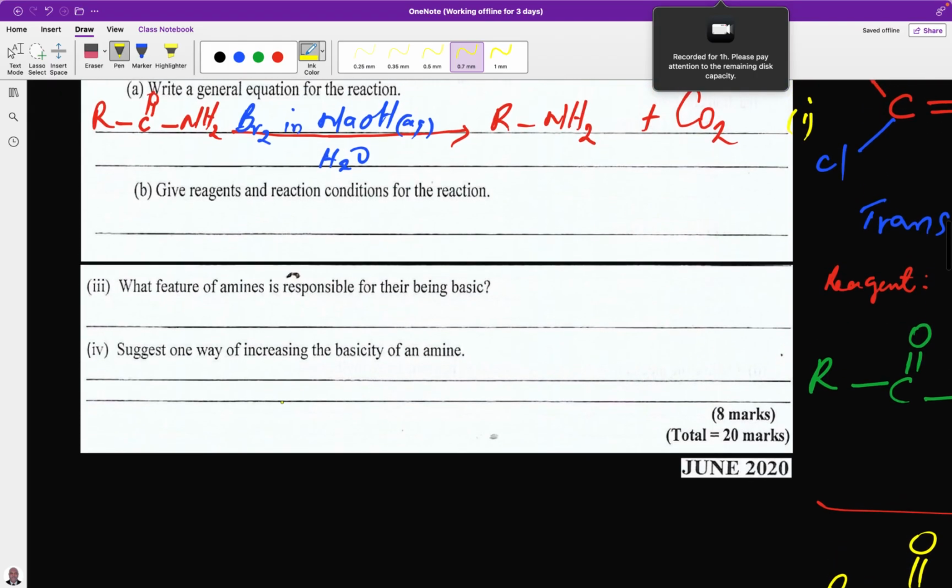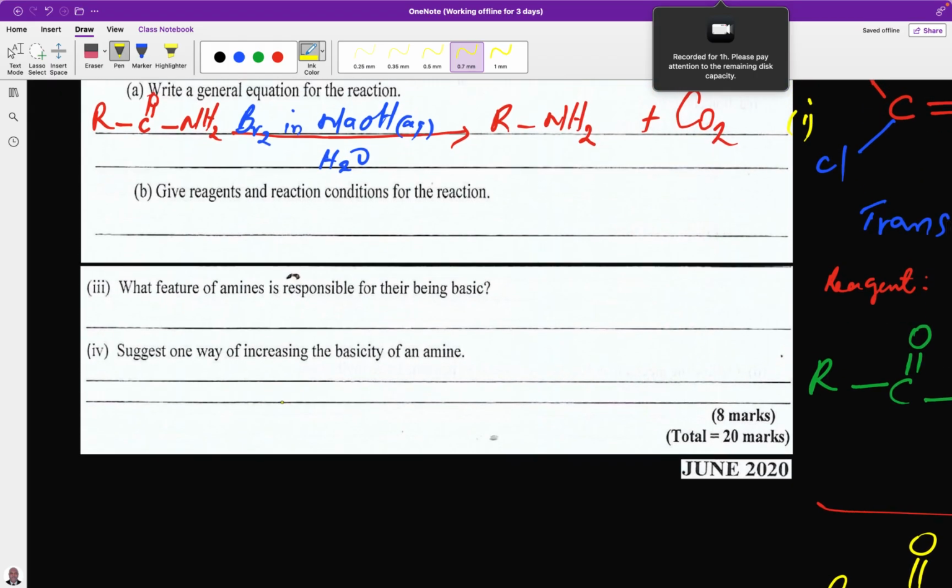It takes us to this question: what feature of an amine is responsible for it being basic? I have already mentioned it: the presence of a lone pair of electrons on the nitrogen atom.